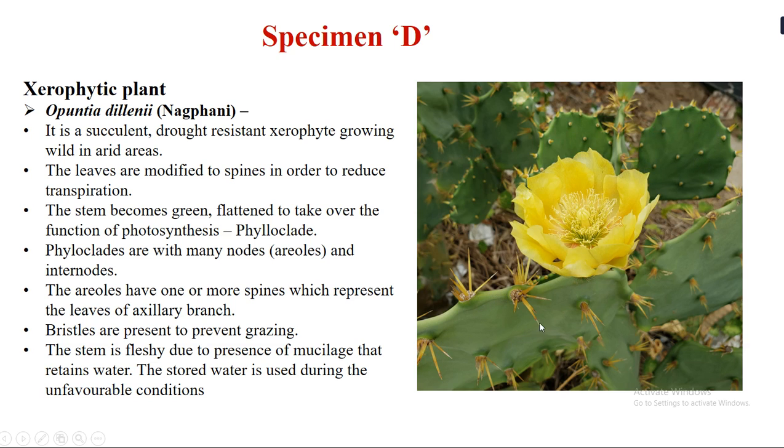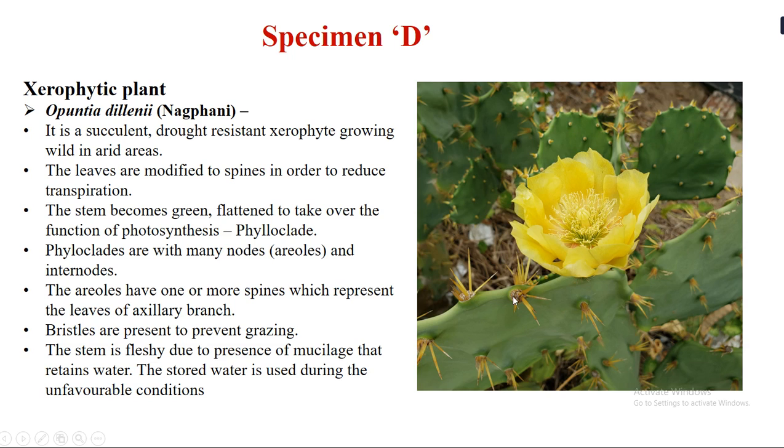Each phylloclade will have many nodes, known as areoles. These are small areoles on each phylloclade, and the areoles will have one or more spines. So the spines on the phylloclade represent the leaves.